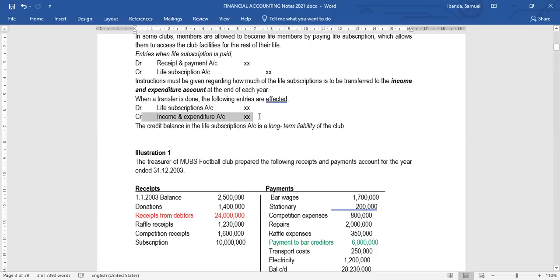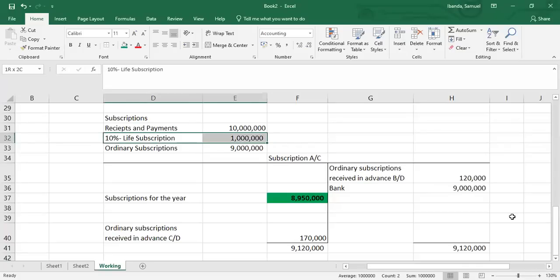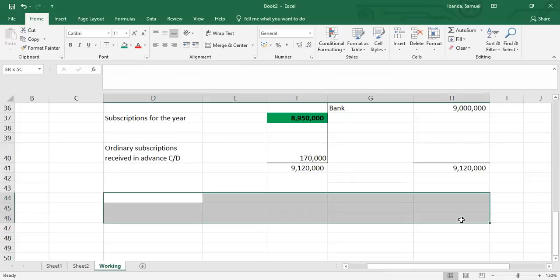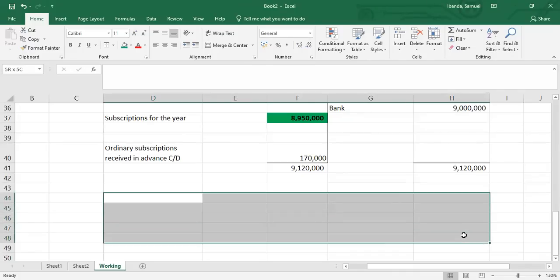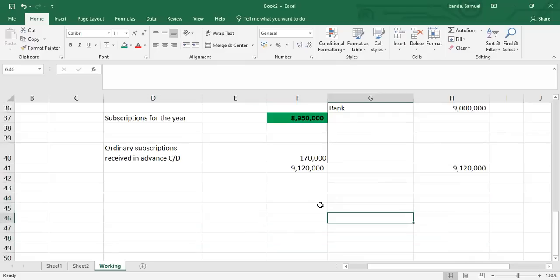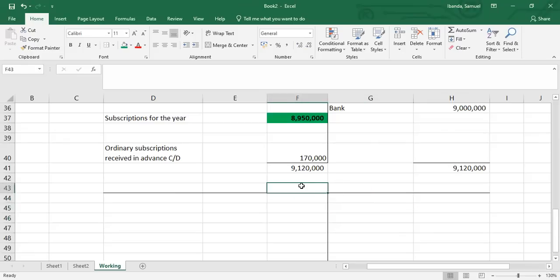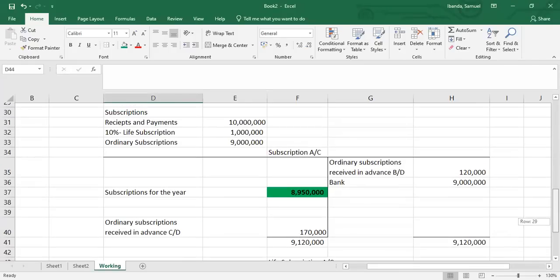So the component of this year, let's open up our life subscription account and then you see what happens. Life subscription account. Now, remember, I got 1 million as the 10%.